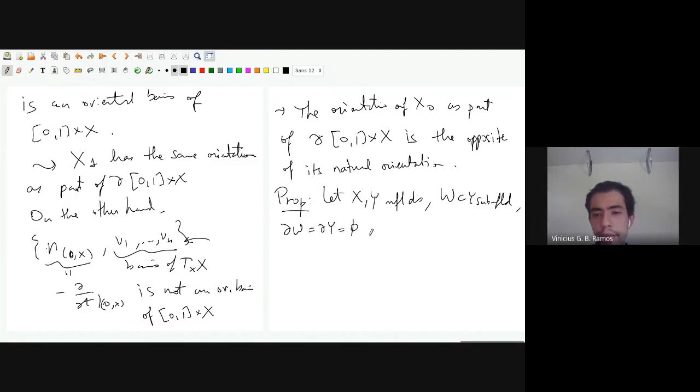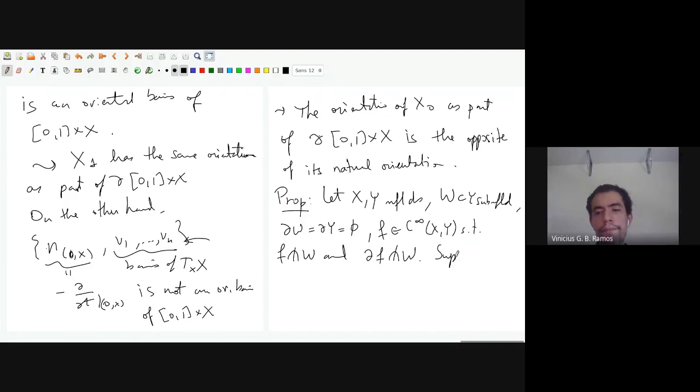And let F be a smooth function which is transverse to W, and the boundary is transverse.